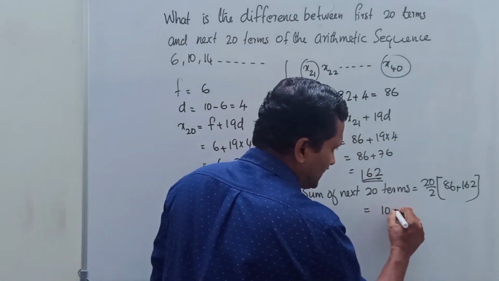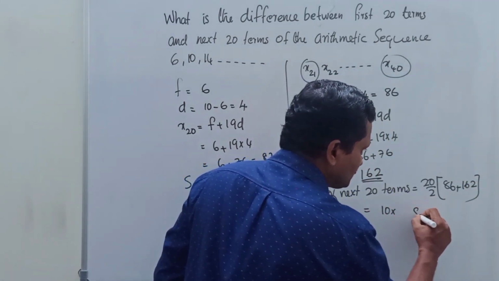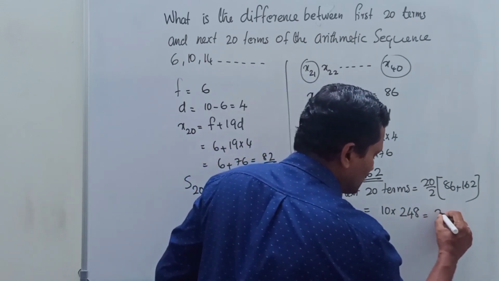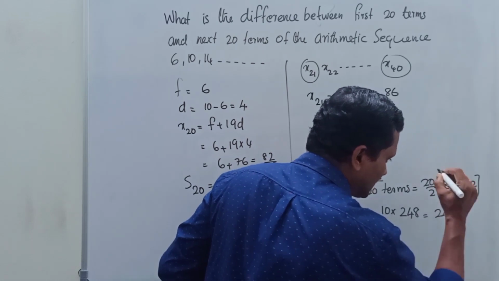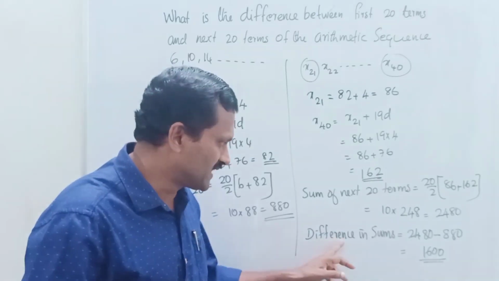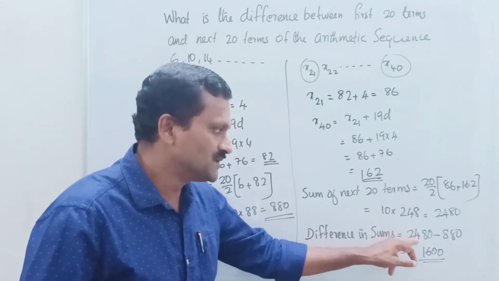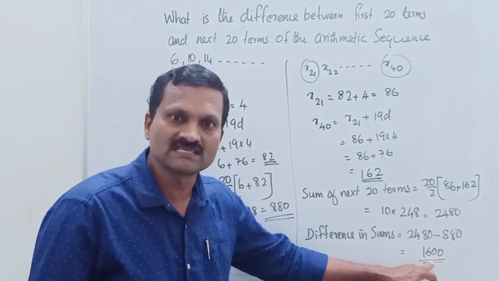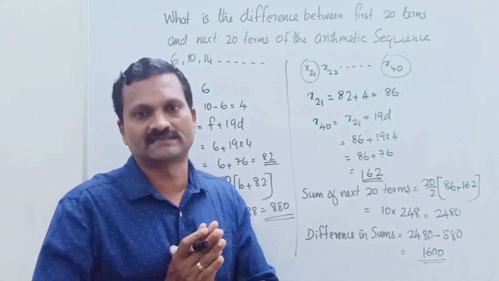That equals 10 into 248, which equals 2480. Therefore, the difference in sums equals 2480 minus 880, that is 1600.